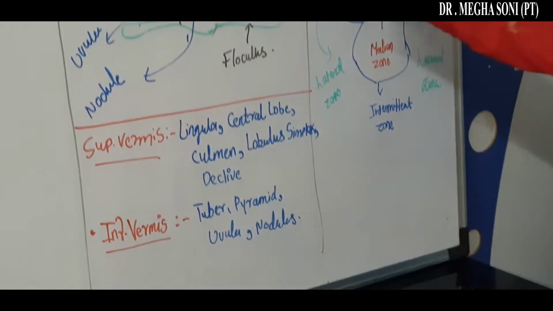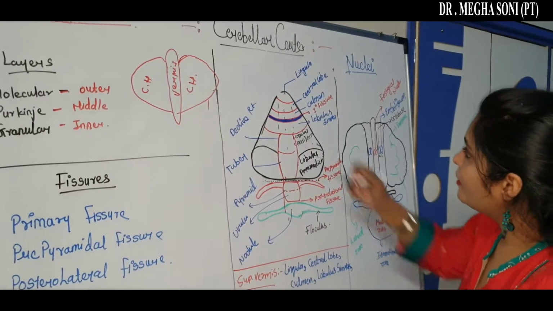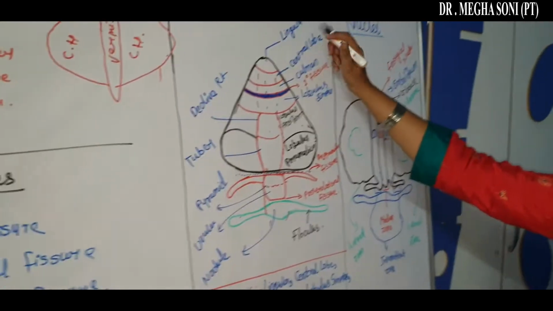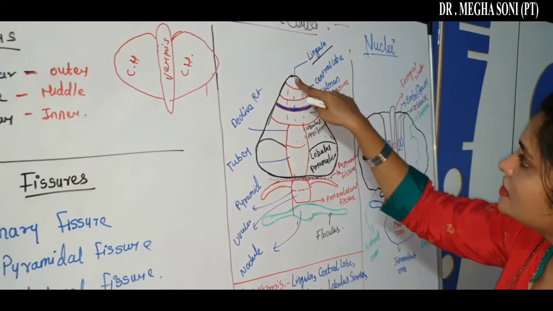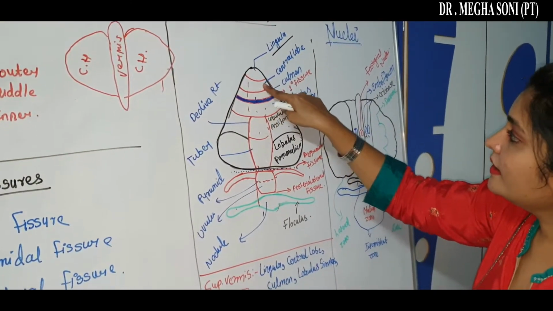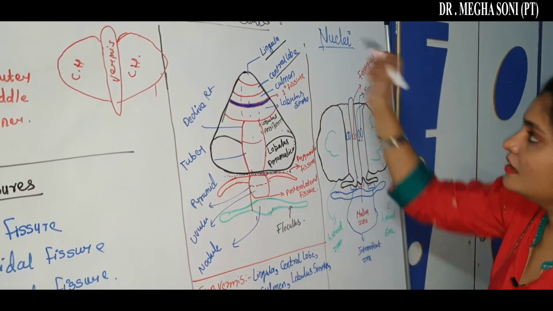So as you can see, this is the first part of vermis, so that is called as lingula. Just below the lingula, the second part of vermis situated, that we call as central lobe.